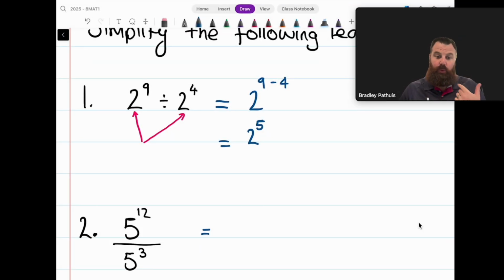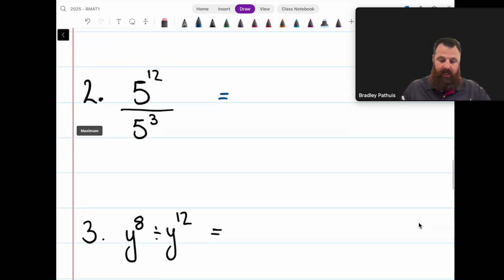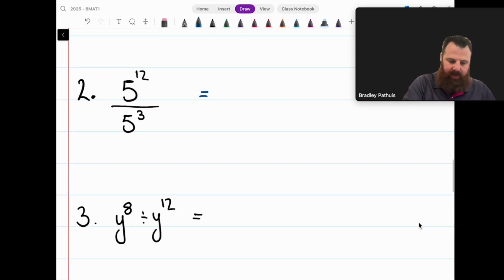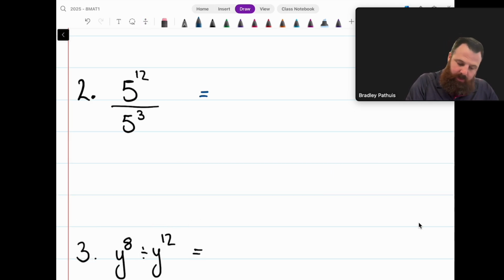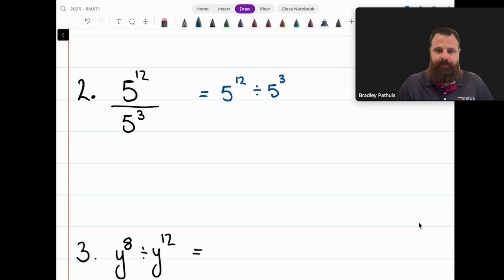Looking at example 2. Example 2 is a fraction. And we know fractions are just another way of writing division. So this one here, if I wanted to, I could write it as 5 to the power of 12 divided by 5 to the power of 3.